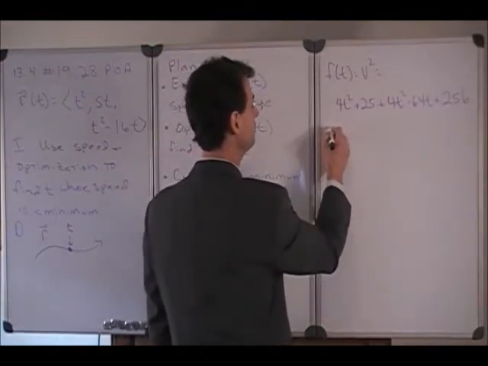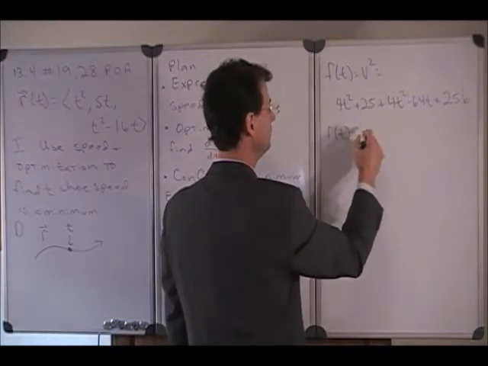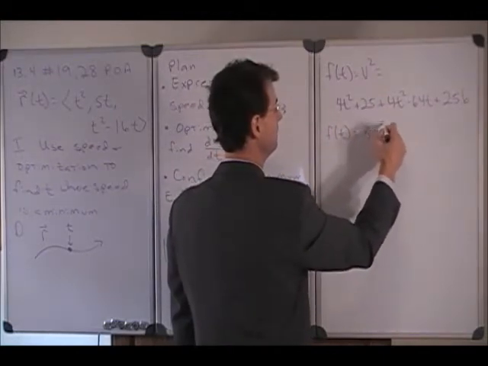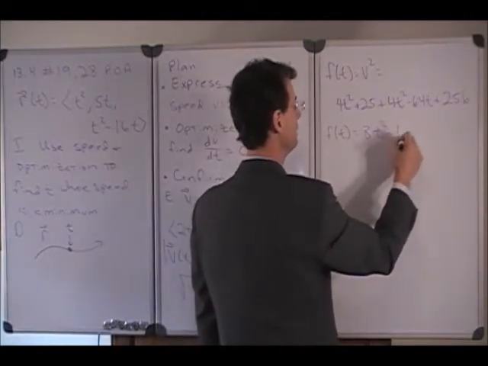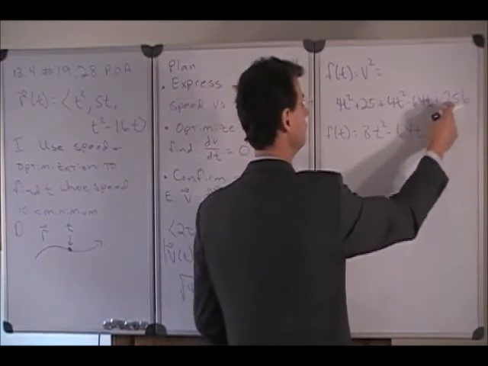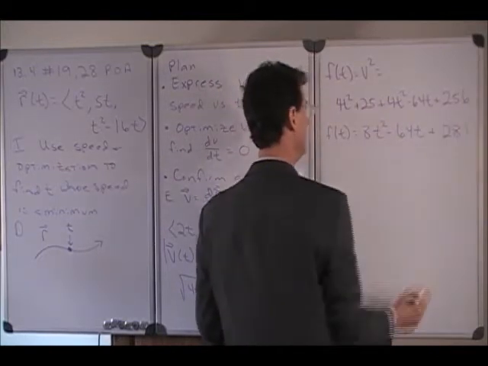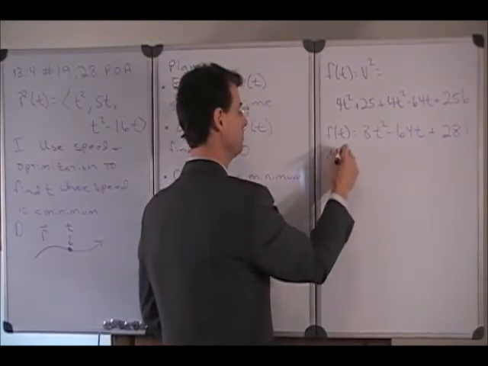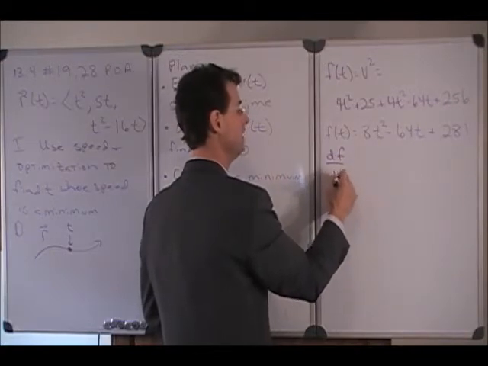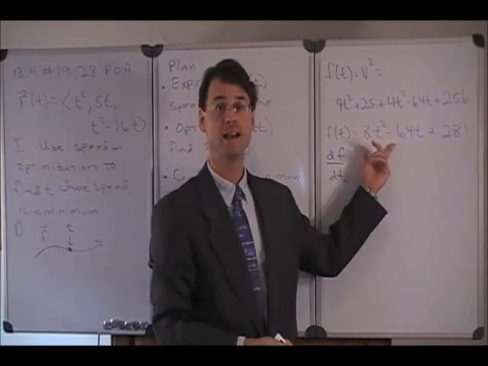So now we can combine terms, and f of t is equal to 8t squared minus 64t plus 256 plus 25 is 281. All right, now let's compute df dt. And what is this anyway? When you think about what this is, this is a parabola.